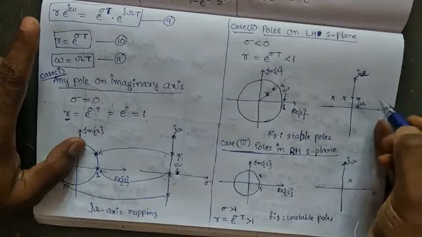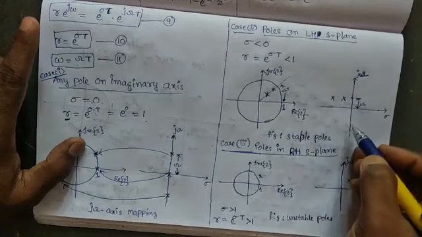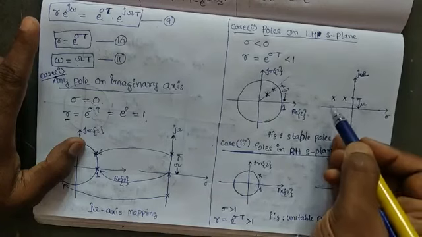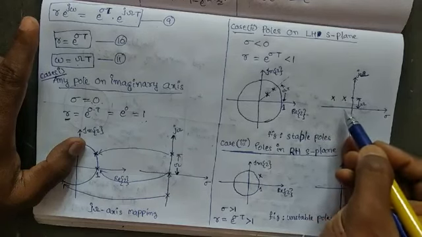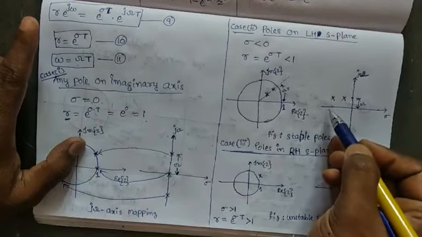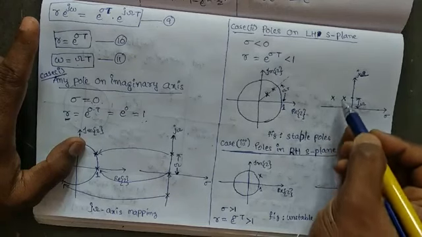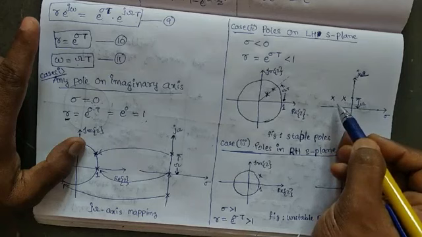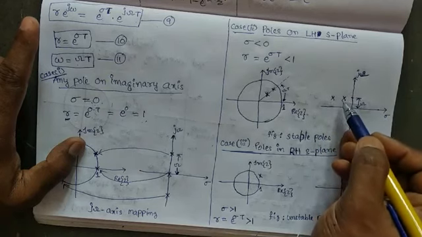This is the right half S plane, this is the left half S plane, this is the j omega axis. Sigma less than 0 means the negative real axis. Let us consider two poles located in the left half S plane.